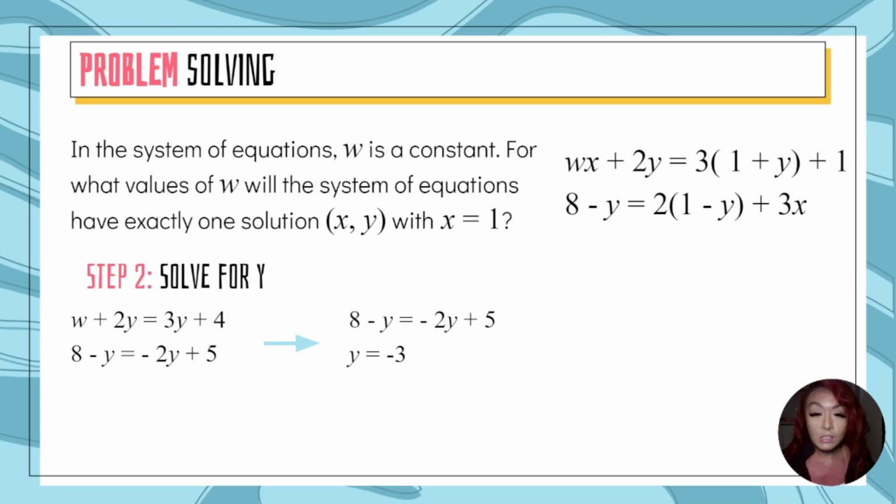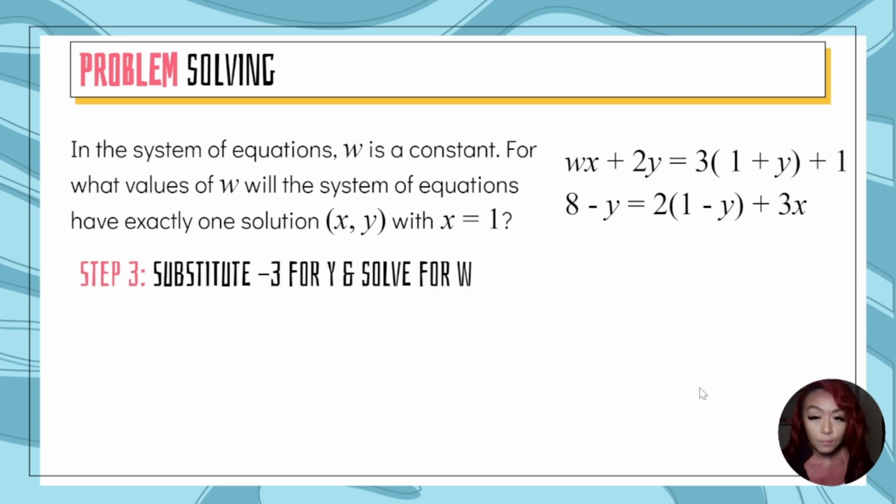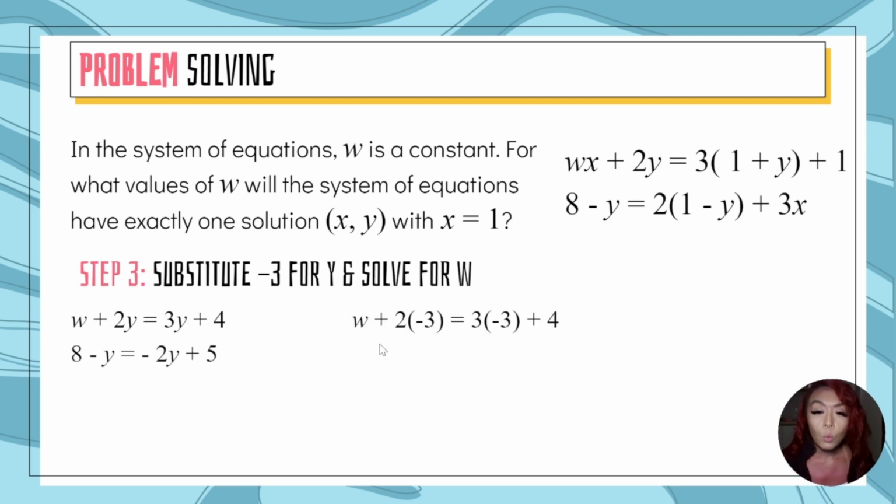So now we have our x value, 1, and our y value, negative 3. What we're going to do is substitute negative 3 for y and solve for w. In this case, we can only use the top equation because the top equation is the only equation that contains w.